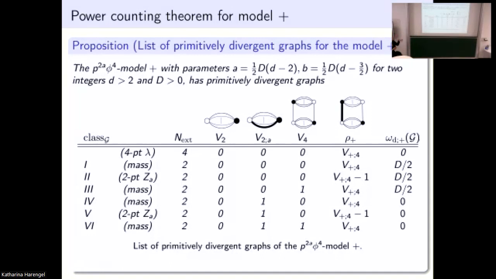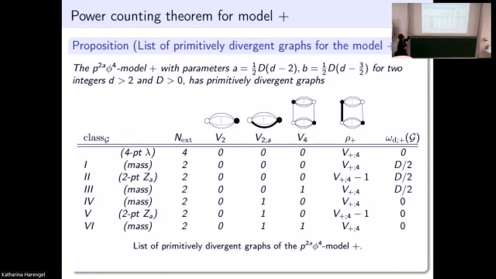We are getting to the power counting theorem. So we have a list of primitively divergent graphs. Primitively divergent graphs are the ones that don't have any subgraphs which are divergent. There are different kinds of graphs, but nx is the number of external legs. So I have the 4-point function, and the rest are 2-point functions.